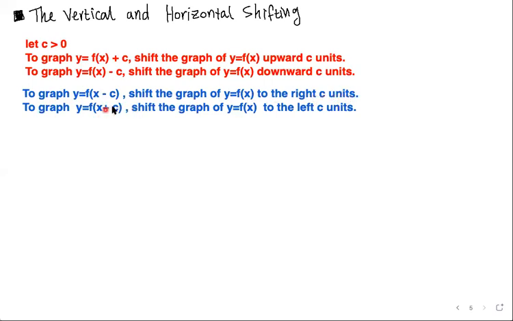If I want to add this number, but it's inside the parentheses of the function, I have to shift the original function y equals f of x to the left c units. Any question for the definition? Makes sense? So this is for up, down, vertical.